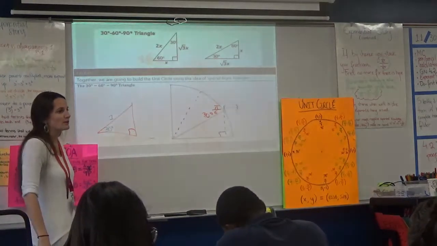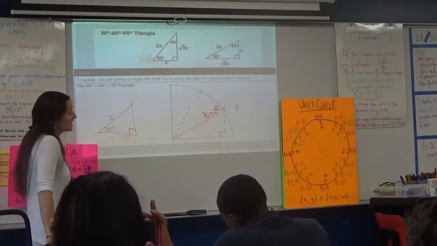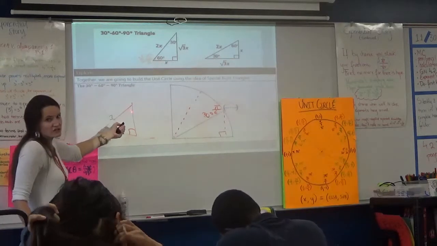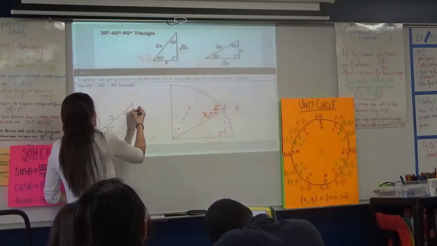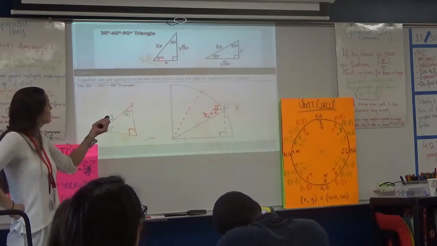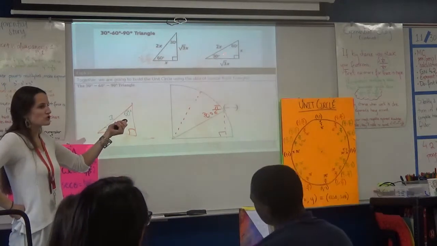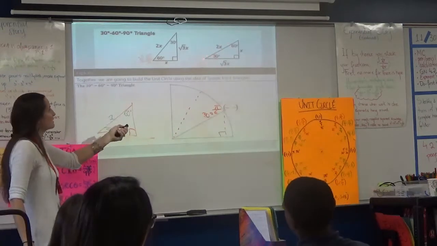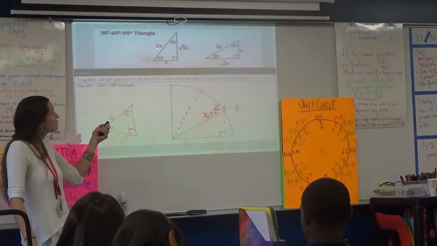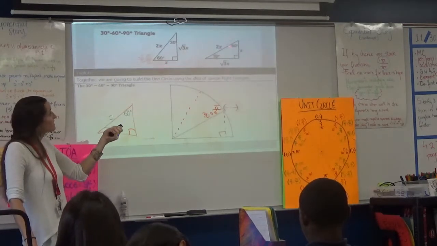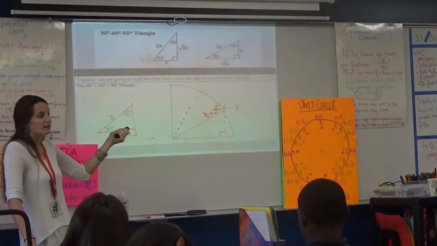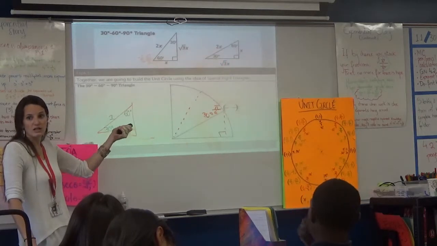Now, the cool thing about this one that's going to save us some time is that if this is 30 degrees, then that leaves for this other angle 60 degrees, and this is actually the same special right triangle, 30, 60, 90, except we just reorient it the other way. So instead of the hypotenuse being twice the bottom, this time the hypotenuse is twice this side over here, right? And then the bottom is root 3 times the side over here.